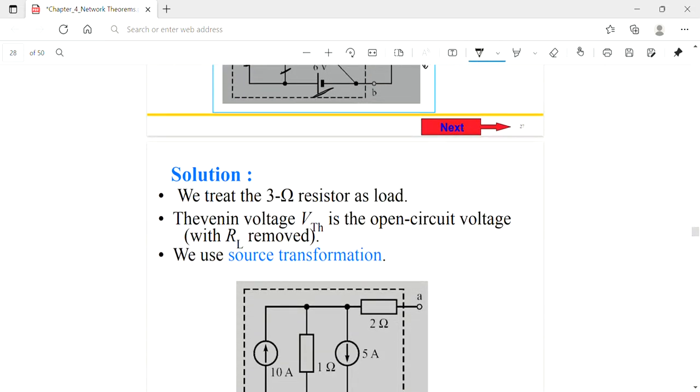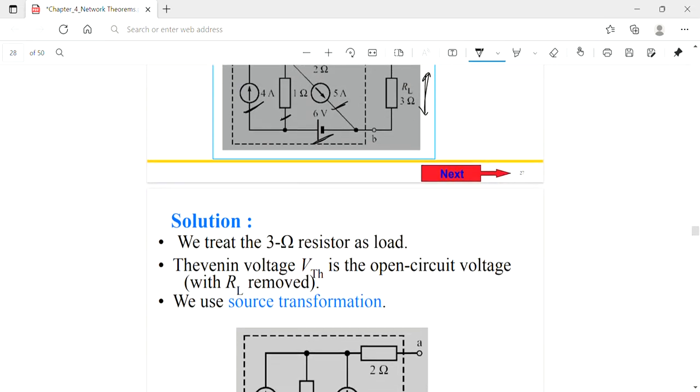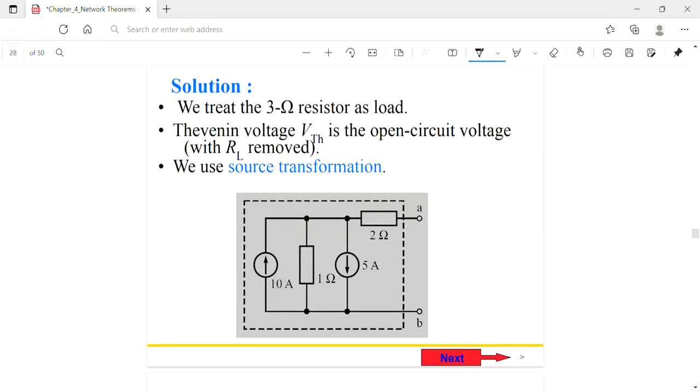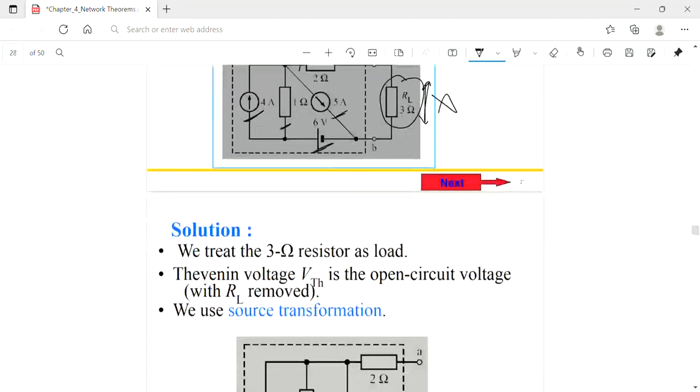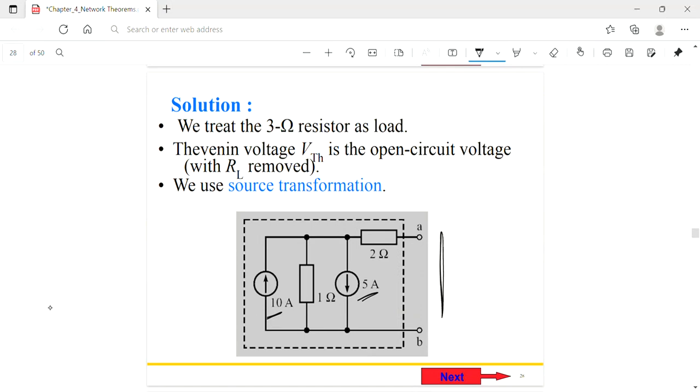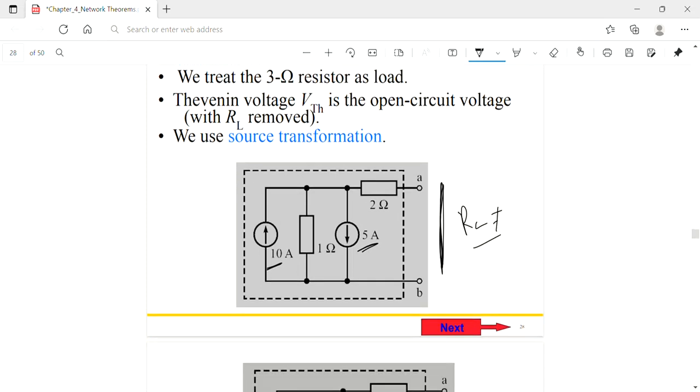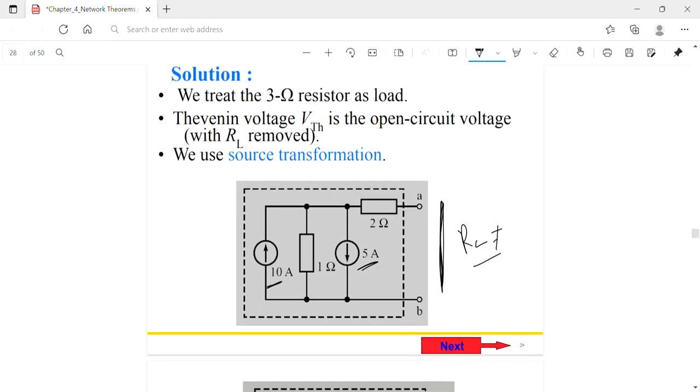At first, we see that there are two current sources, 10 ampere and 5 ampere, and we cut out the load resistance. There is no load resistance at this point. So first we calculate the Thevenin's voltage. The 10 ampere and 5 ampere sources are connected in parallel, here and here.